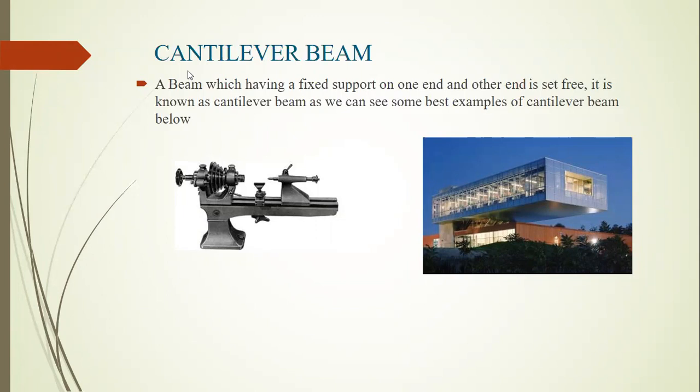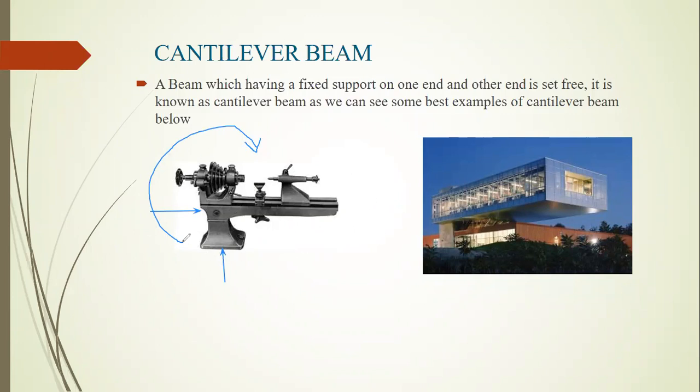In a cantilever beam, there will be 3 reactions. One is vertical, second one is horizontal, third one is rotational. Since one end is fixed, there will be 3 reactions, 1, 2 and 3. Since there is no support at the free end, there won't be any reaction.